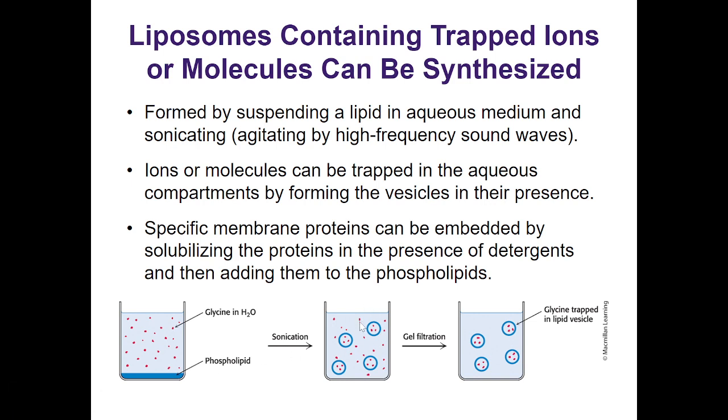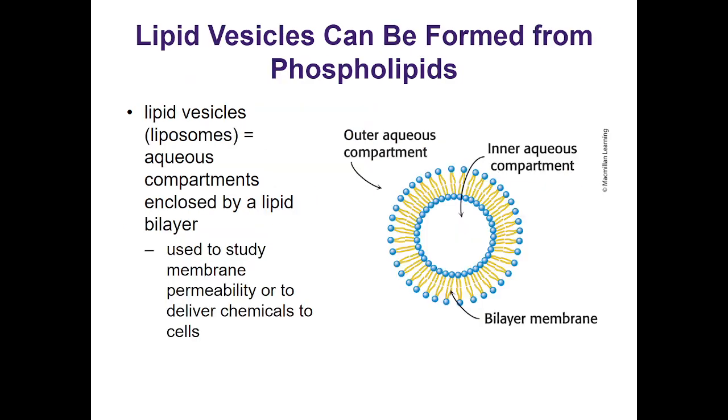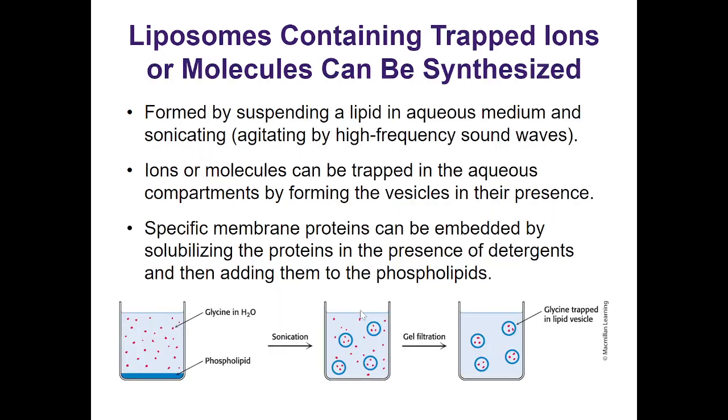What's going to happen then is they're going to form spontaneously into our wonderful liposomes. And those liposomes will then entrap some of the solution that has the glycerin in it, right? Okay. And again, these will be trapped into those compartments.